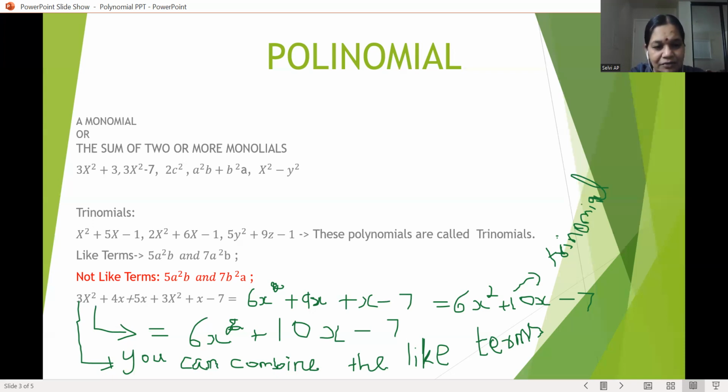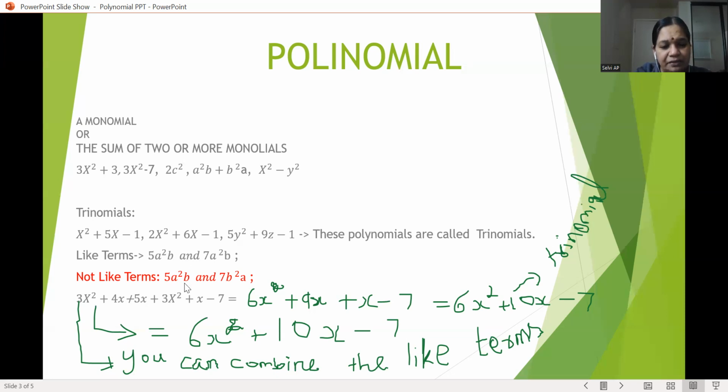Next, the second variable of the first term is b and the second variable of the second term is b. What is the exponent for this one? 1. So the order of the variables is the same and the exponent values are also the same. This is known as like terms.